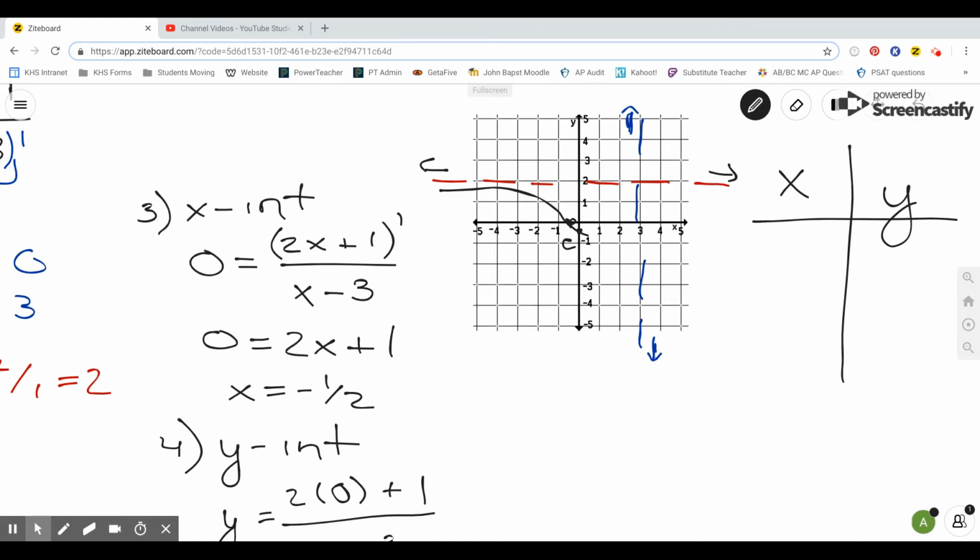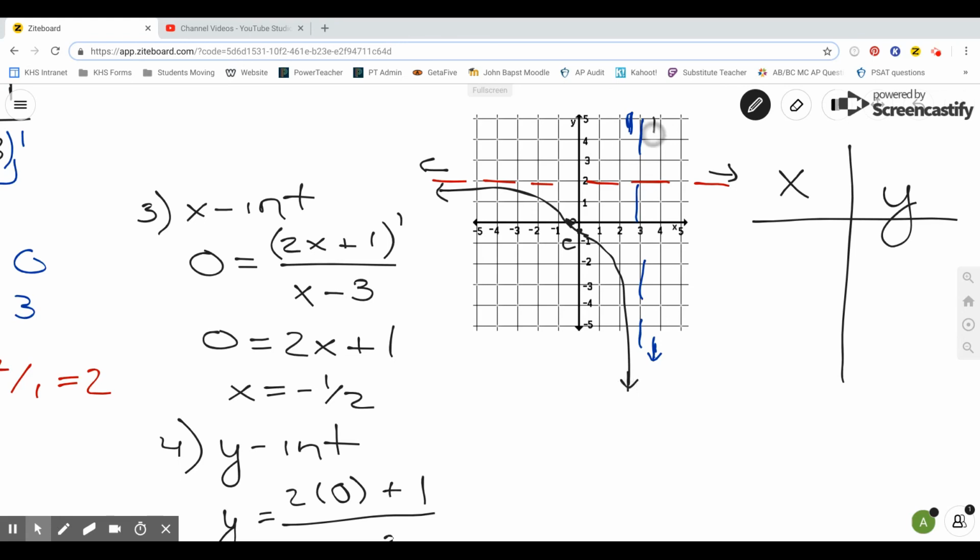And I know it has to go down for the vertical asymptote because it can't cross the x-axis again. I have no x-intercept to allow it to cross and go up. I was just making those arrows in the blue to show myself that it's going in the opposite direction. So now I know that it's going down right here.